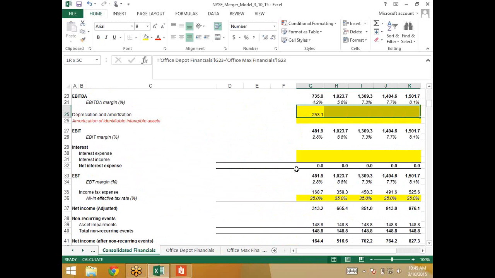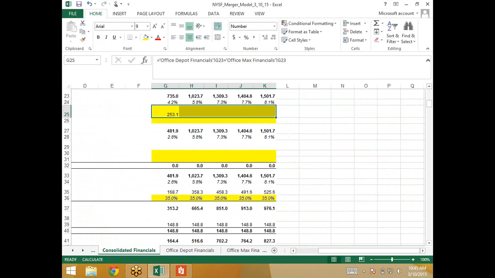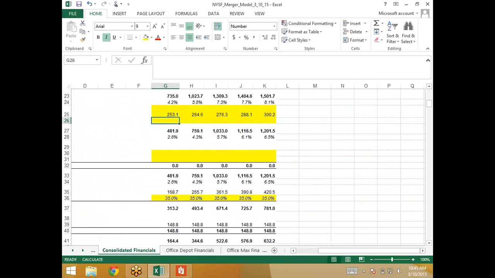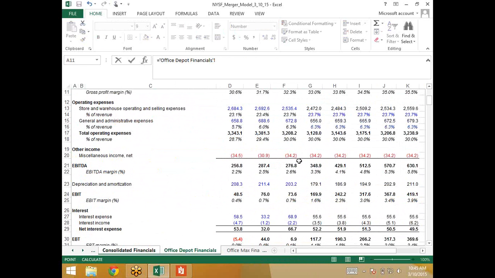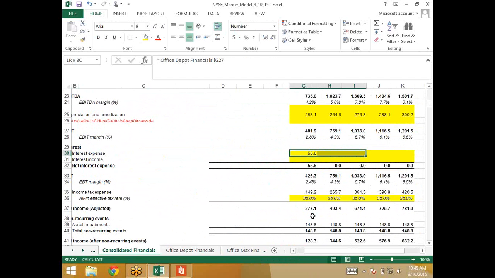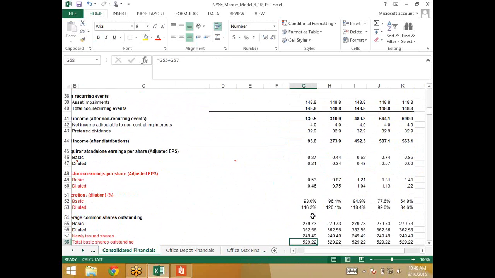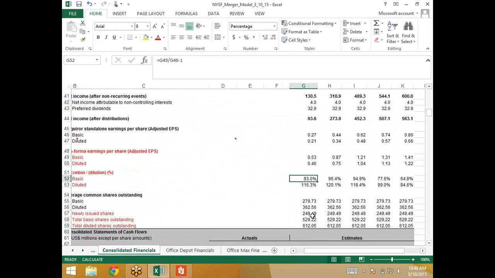That's going to reduce it a little bit. We have the amortization of intangibles, we get that from before. And then acquirer plus target interest expense and acquirer plus target interest income. I'm just taking that cell and copying it to the right and down. Okay. Good. Right? It drops by 100%.